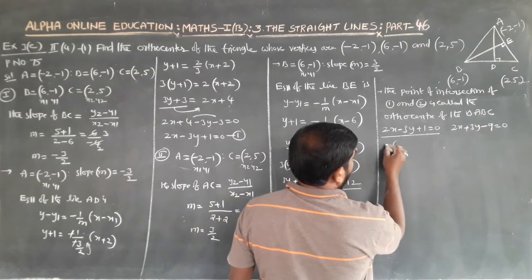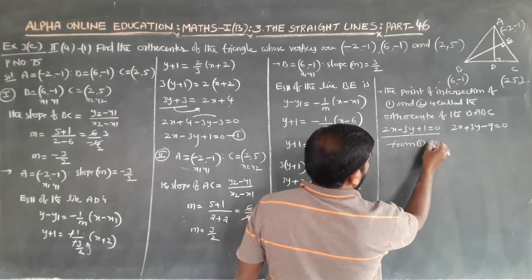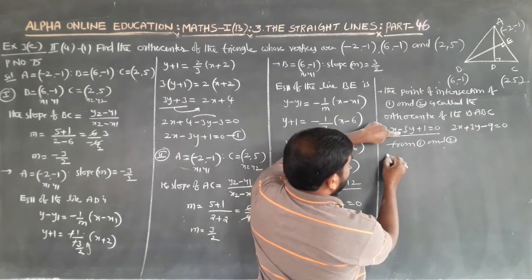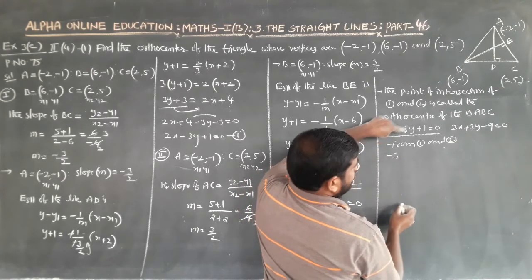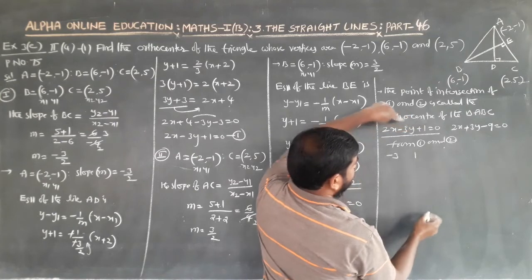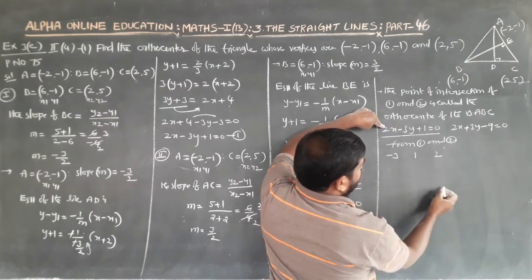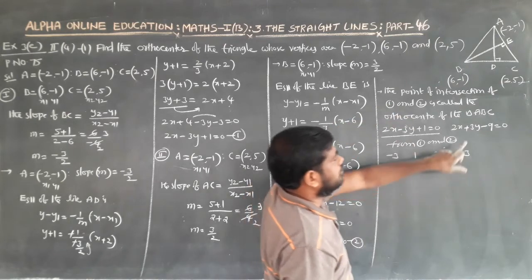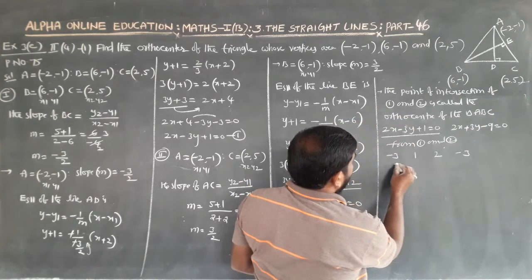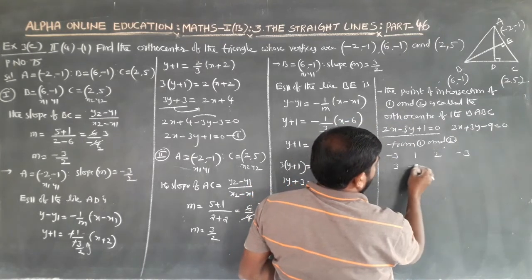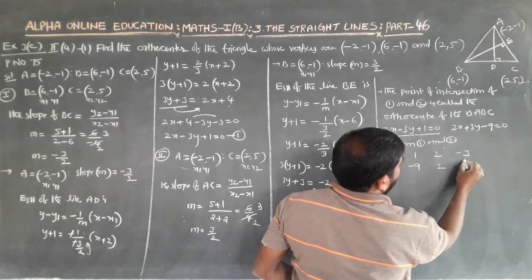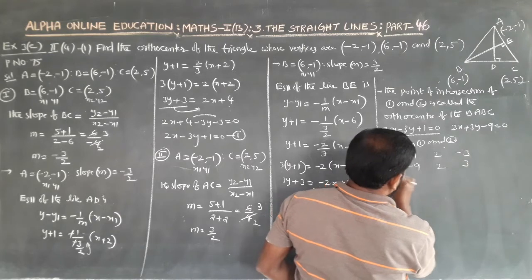From 1, the x coefficient is 2, y coefficient minus 3, constant 1. From 2, x coefficient 2, y coefficient 3, constant minus 9.